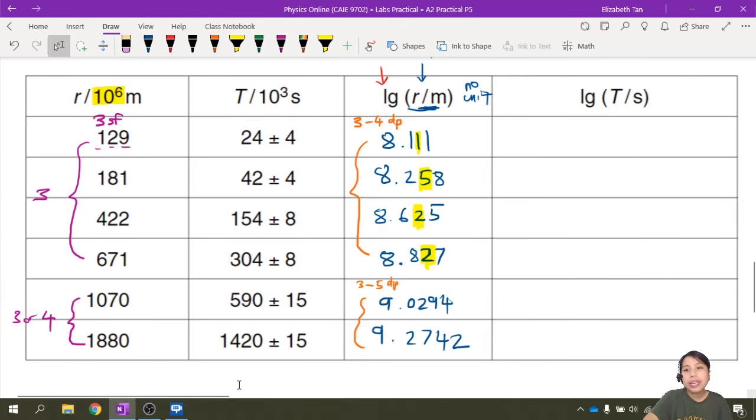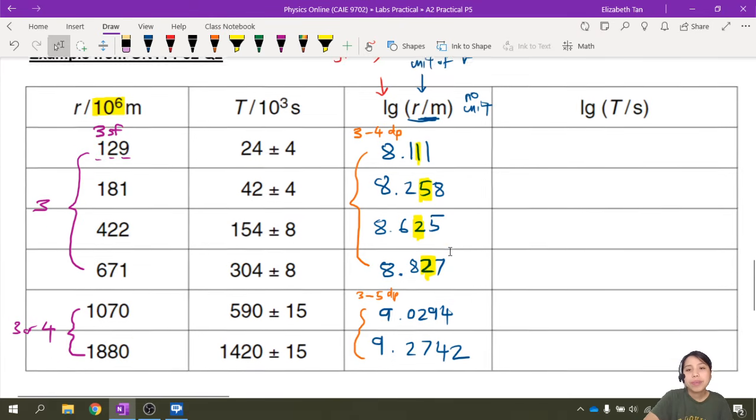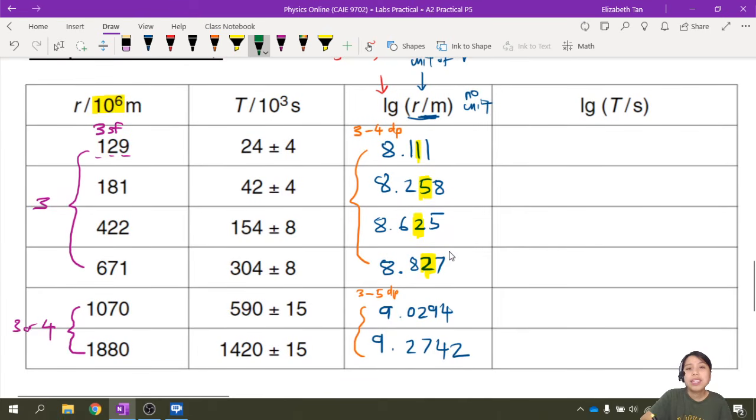So let's do the same thing again for log T as well. Now let's use a different color, okay? So this one is now 2 SF. So you're going to follow what? 2 DP. So let's do this. 2 DP. Or 3. Round it off properly. And that is the same for these two values.